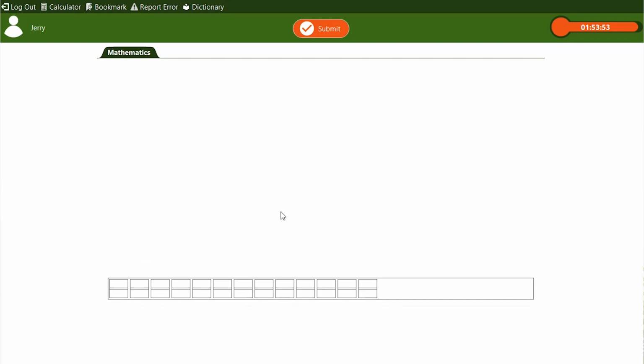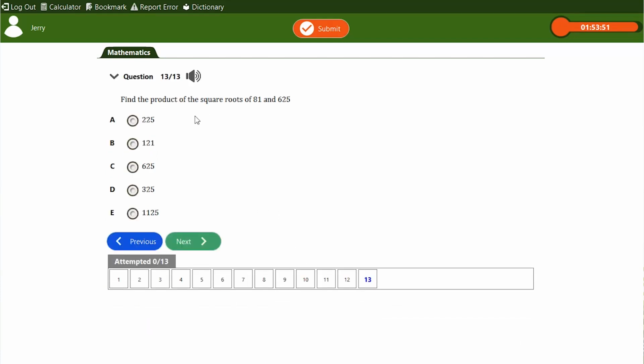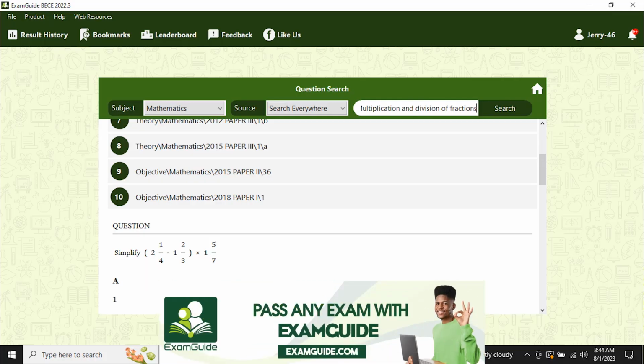All right? Okay, so I want to see if we can get other questions from some topics. Let's take one more question, and this question says simplify. This is the 6th question.